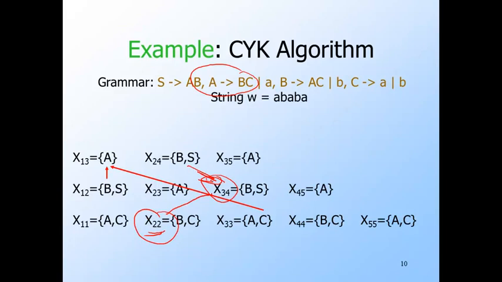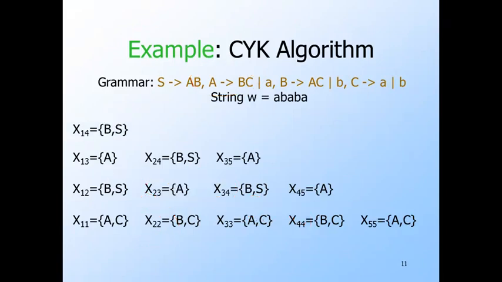We then pair them to see what production bodies we can form, and then we move up the column, in this case to x23, and down the diagonal, in this case, to x44, and we pair these two to again see what variables we can form from that one followed by that one.